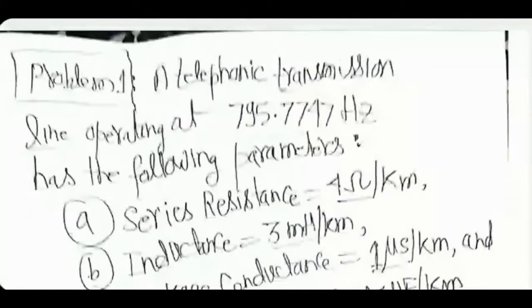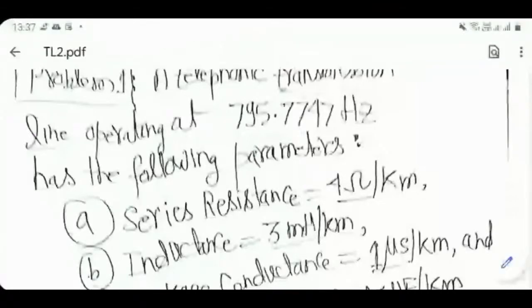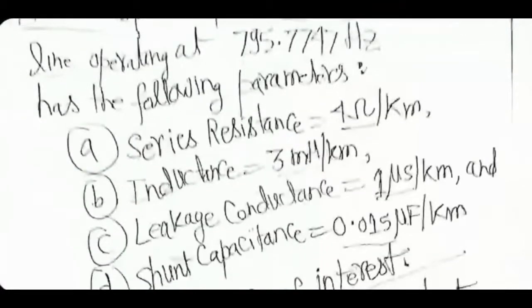You have to convert it into per meter value. Inductance is 3 millihenry per kilometer. Again, convert it into per meter. Leakage conductance, capital G, is 1 microsiemens, which is micromho per kilometer. We will convert that into per meter value also. And shunt capacitance is 0.015 microfarad per kilometer. We'll have to convert that also in per meter terms.